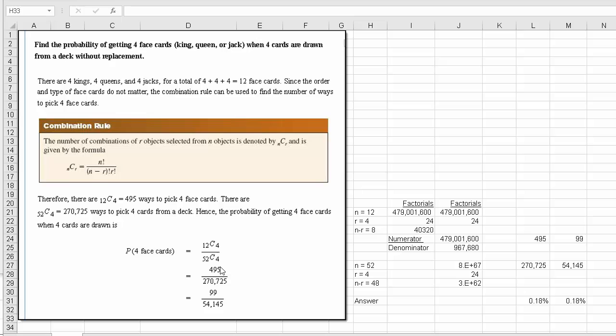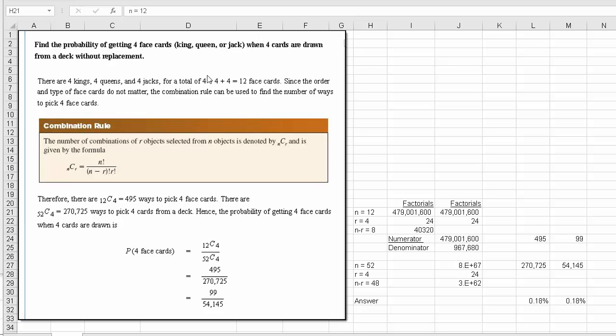Now, let me show you how I work that over here so you can follow this. All right, we know that n is given by the population, number of objects. So in the first case, we're trying to select 4 face cards from a possible of 12, right?